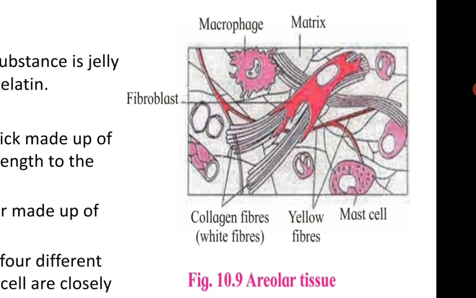Then the second cell, mast cell. Mast cell is an oval-shaped large cell found around blood vessels. It secretes histamine and heparin granules. Heparin is responsible for preventing clotting of blood. These are anticoagulant.